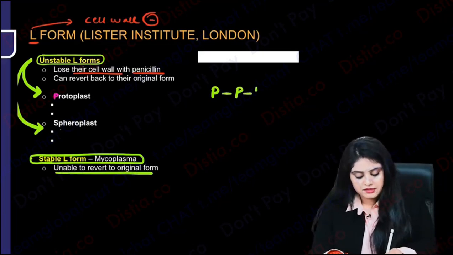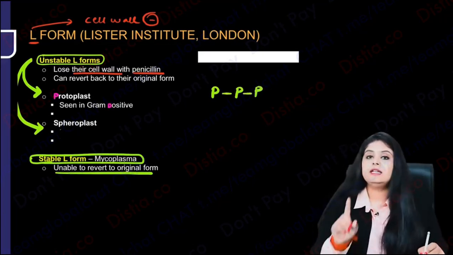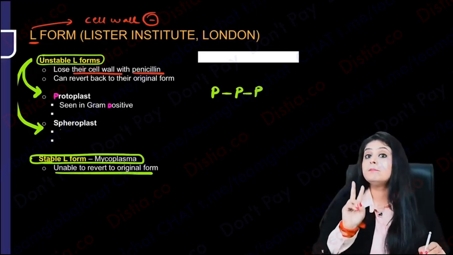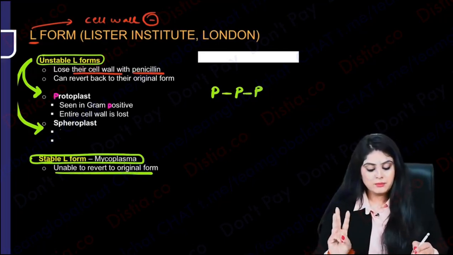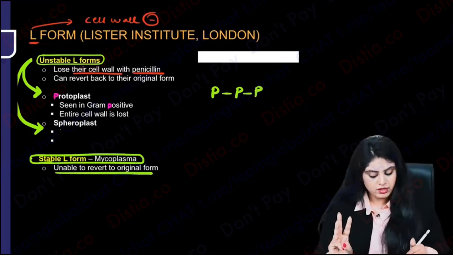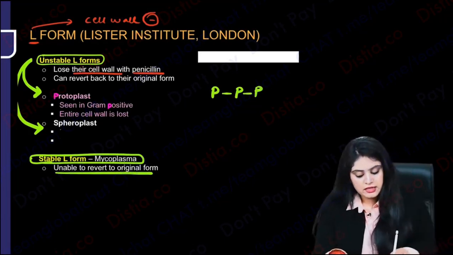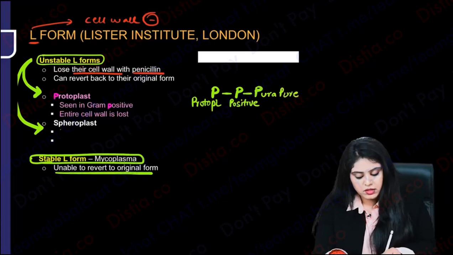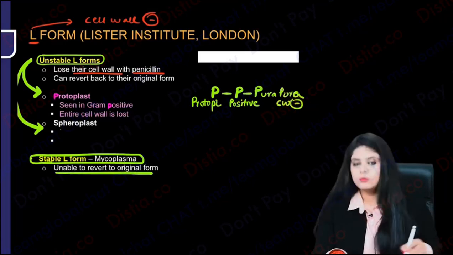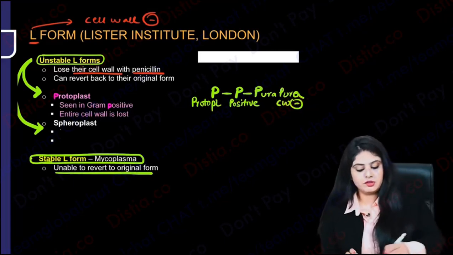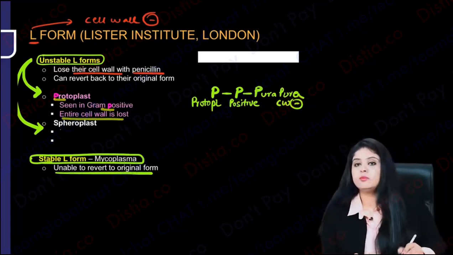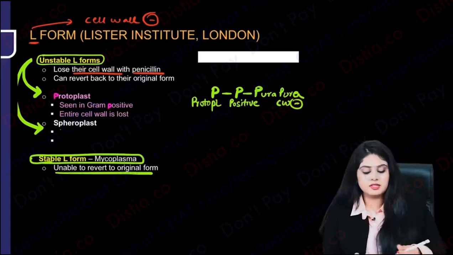Remember, protoplast is seen in gram positive, and the entire cell wall is lost. Did you get the mnemonic? When you're talking about a protoplast, it is seen in gram positive organisms, and the whole cell wall is lost. So remember, protoplast positive, whole cell wall. So spheroplast becomes the opposite, no?